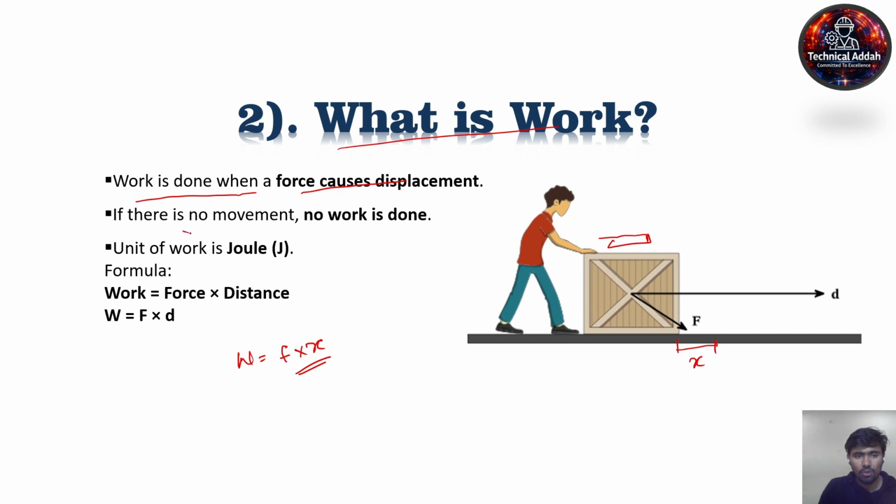If there is no movement, then no work is done. If a force is applied on a body, after applying the force, if there is no displacement, then the work done is zero. So the unit of work is joule. Also, the formula is work is equal to force into distance.